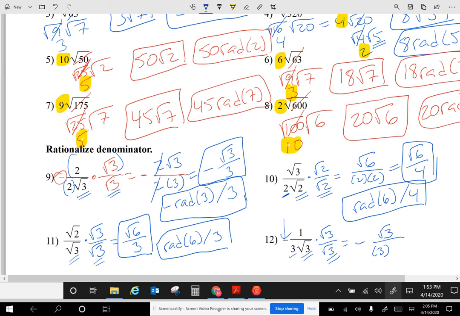Radical 3 times radical 3 is 3. So I'm going to say that I have a negative radical 3 over 9. That way I'm going to type that it will be negative radical 3 over 9. All together, no spaces.